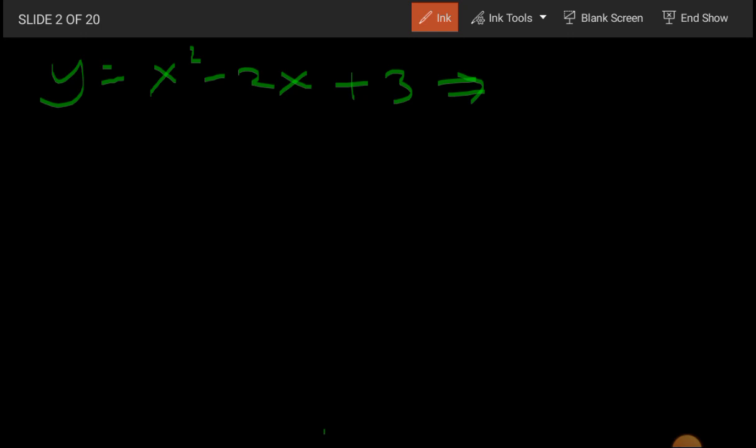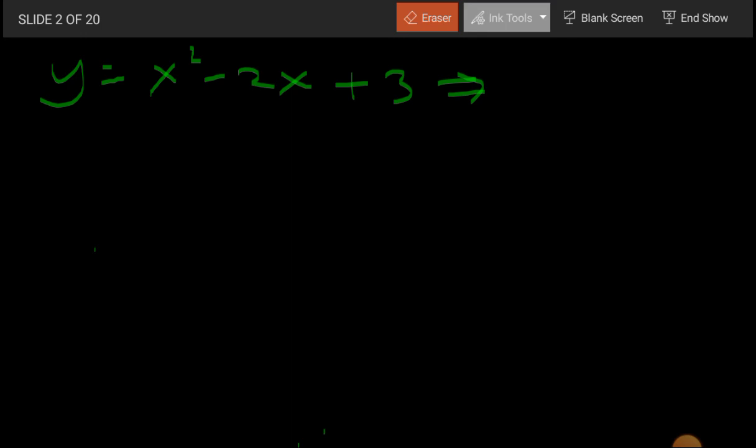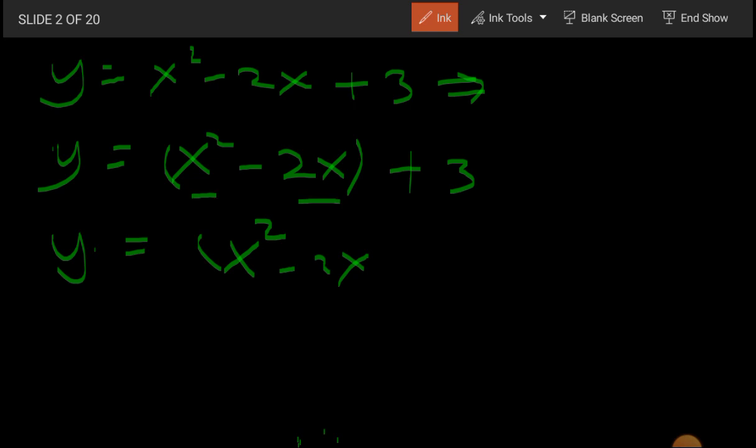First, we have to regroup the terms having x. We have x squared minus 2x only, then separate the constant term. Then from here we have to transform these terms into a perfect square trinomial.